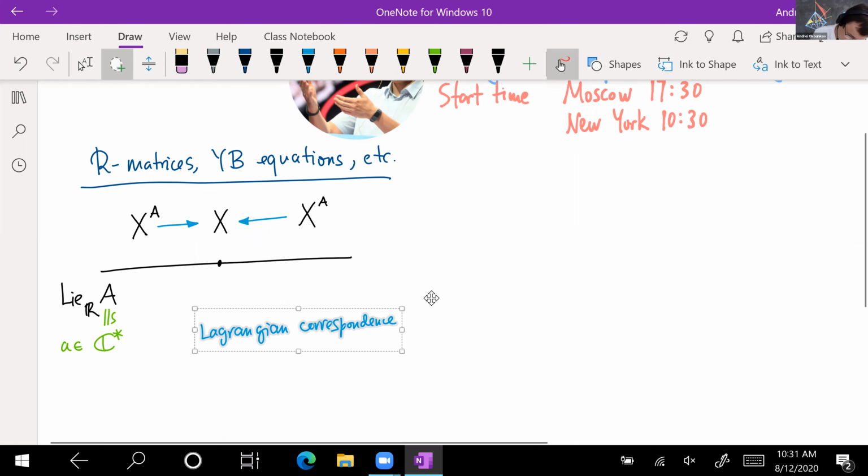This arrow here, what's the color which is not used in this picture? Maybe this arrow here is the stable envelope for the fixed locus of that inside of this fixed locus, but this is shifted.